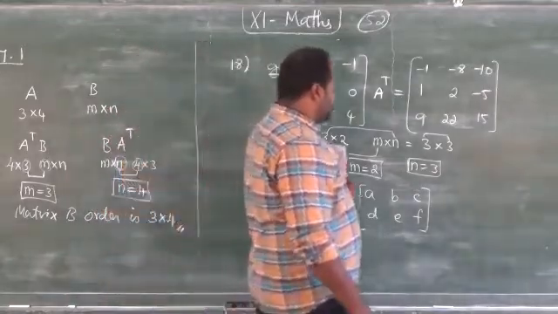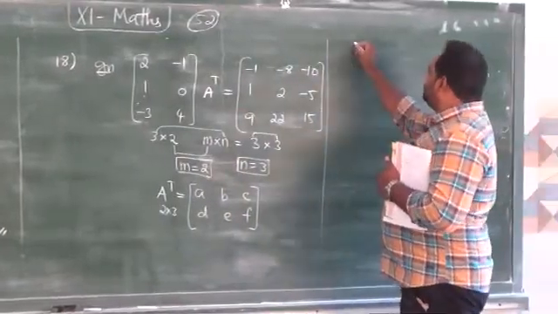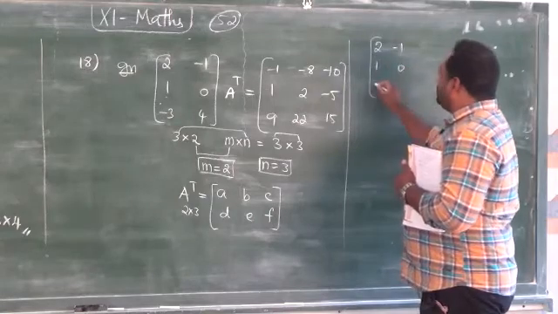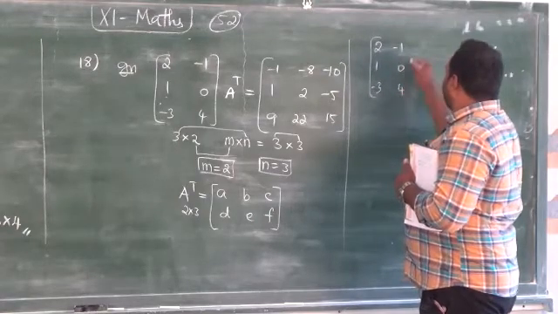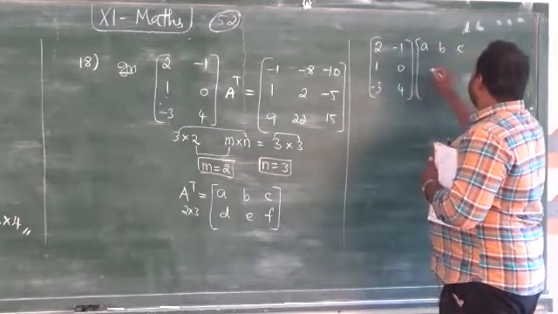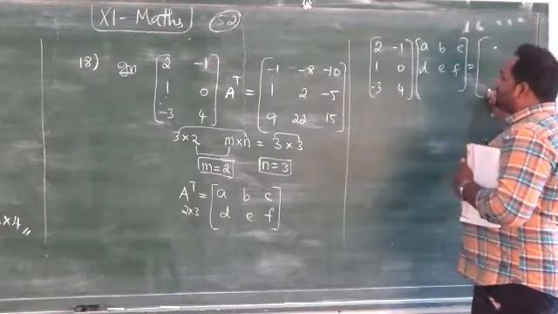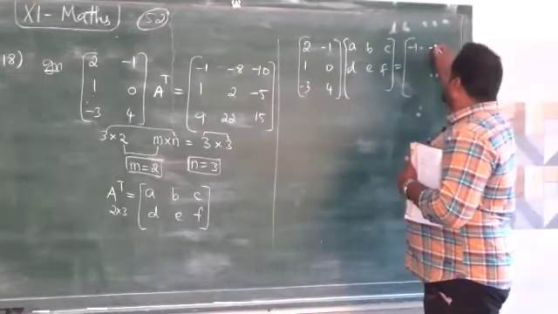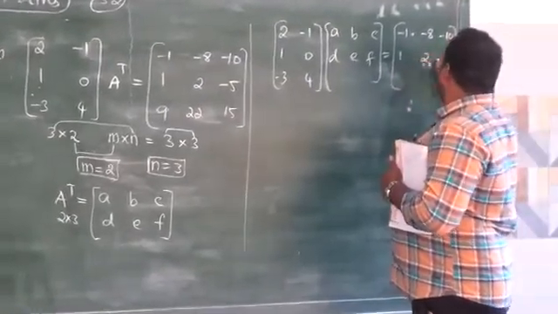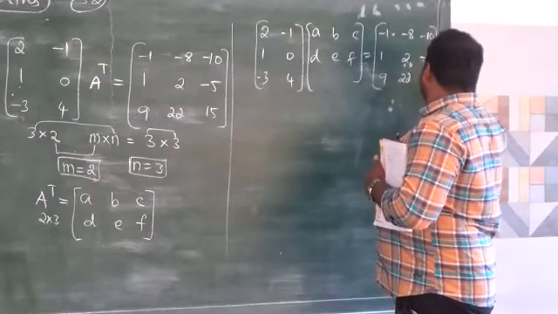Now apply this value here. The matrix [2, minus 1, 1; 0, minus 3, 4] multiplied by A transpose [A, B, C; D, E, F] equals the right-hand side, [minus 1, minus 8, minus 10; 1, 2, minus 5; 9, 22, 15].